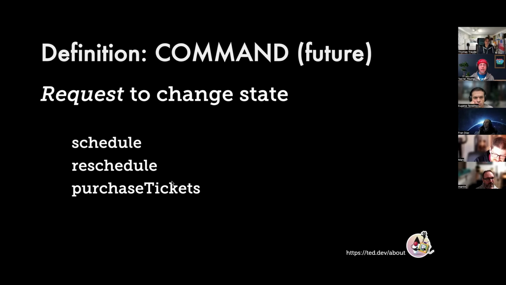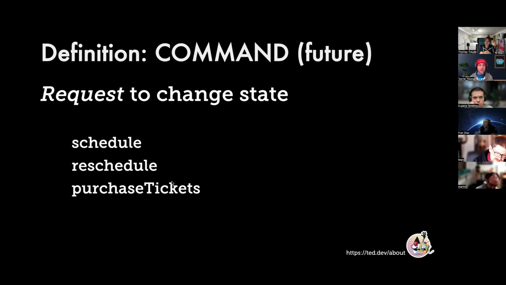They may fail, or they may succeed in odd ways. And by odd, I mean you purchase tickets and there aren't any available, but it's going to sit there and wait for a bit, and maybe some will be freed up. But all of these can fail and can result in, sorry, you can't reschedule this concert.